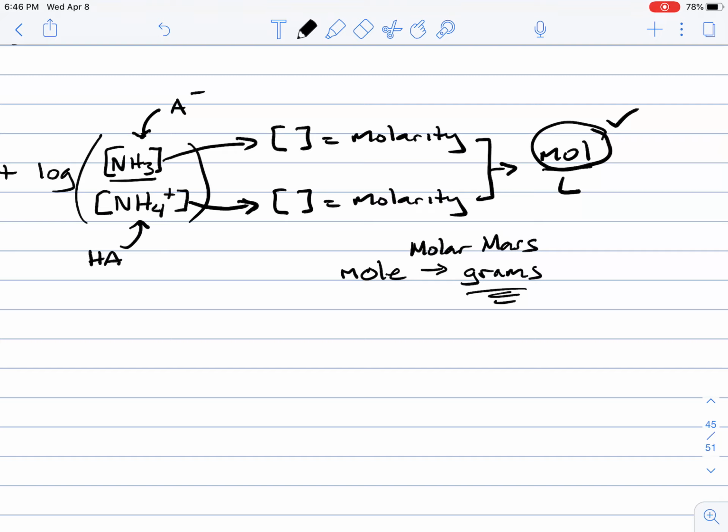And so just making this realization, the fact that moles will get us to grams, gives us a goal to work towards.